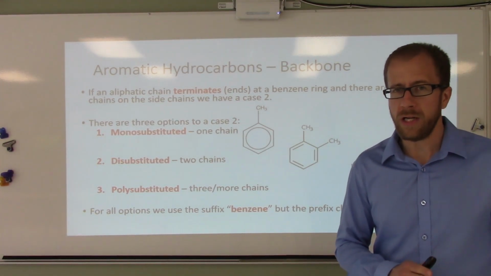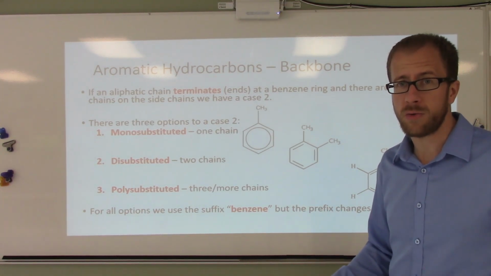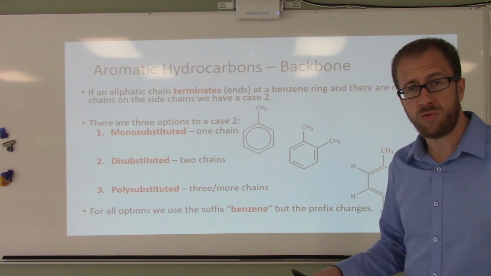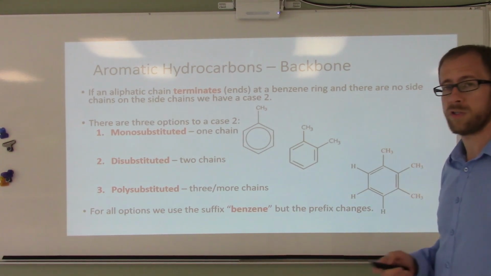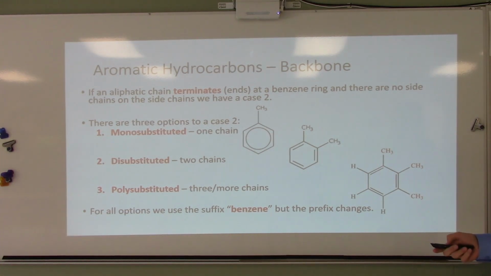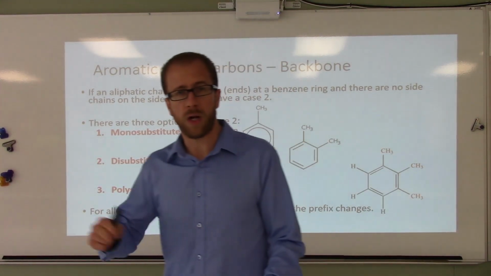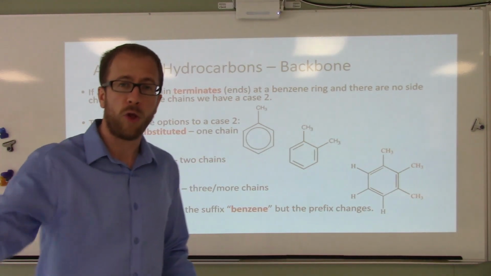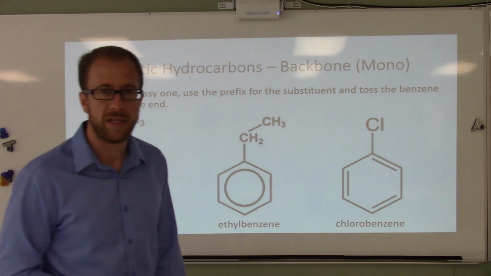Now we're about to learn a new strategy for disubstituted, one that you do have to use, because in organic chemistry, we have a very specific way of naming these disubstituted molecules. But that's the old way you would have learned. For this polysubstituted, we have methyls at 1, 2, and 3, so that'll be 1,2,3-trimethylbenzene. So here we have methylbenzene, ethylbenzene, and chlorobenzene.